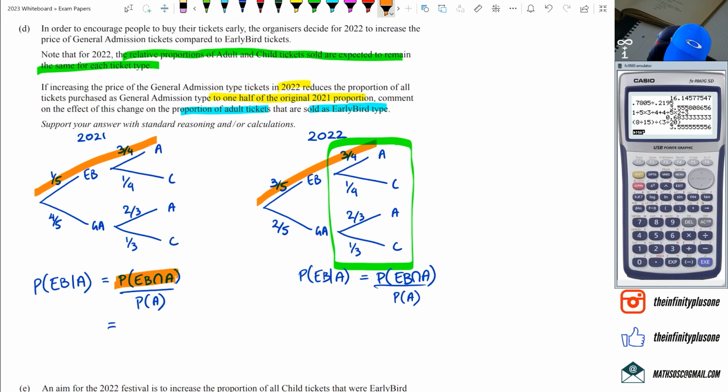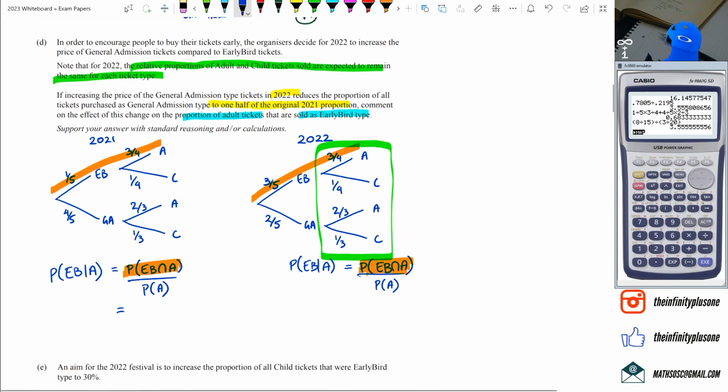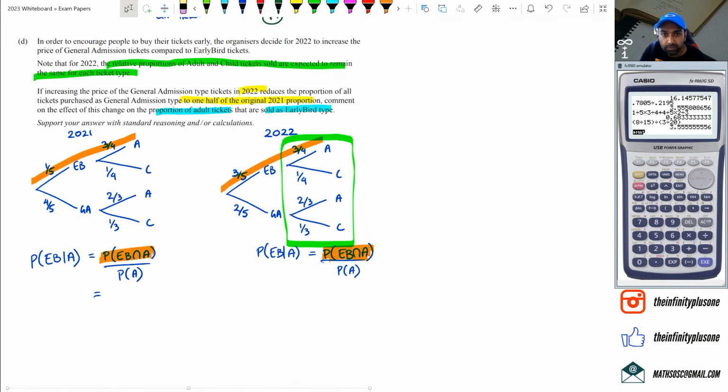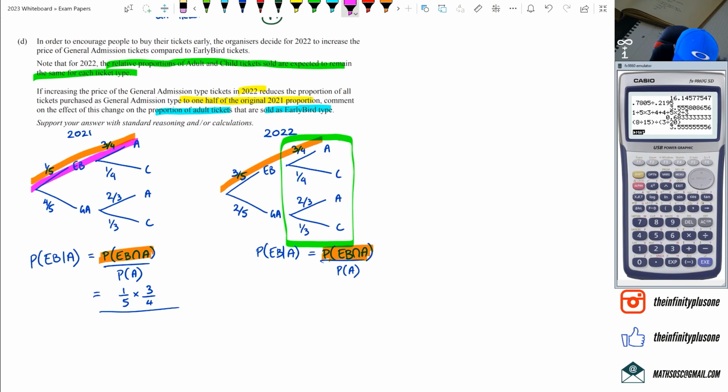As you can see, we've got two things happening here. Firstly, the EB branch, EB and adult, that's going to be 1/5 multiplied by 3/4. And that whole thing is now divided by the probability of an adult, which is the pink line here.